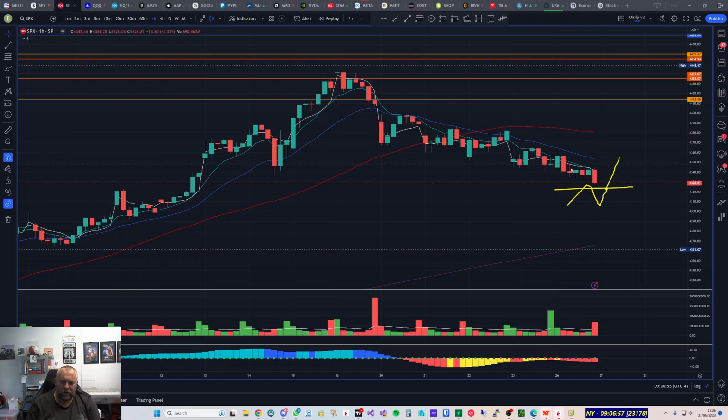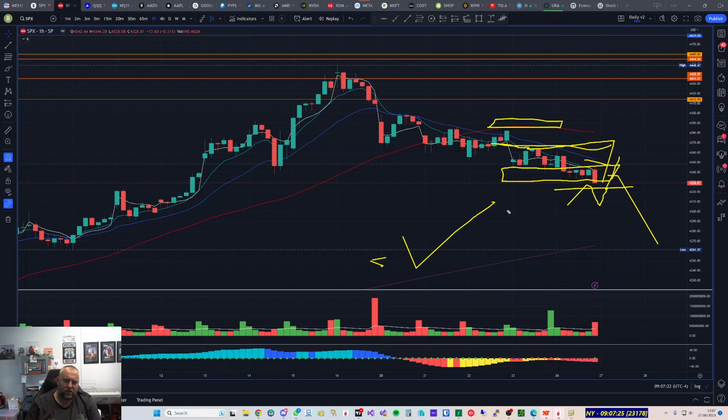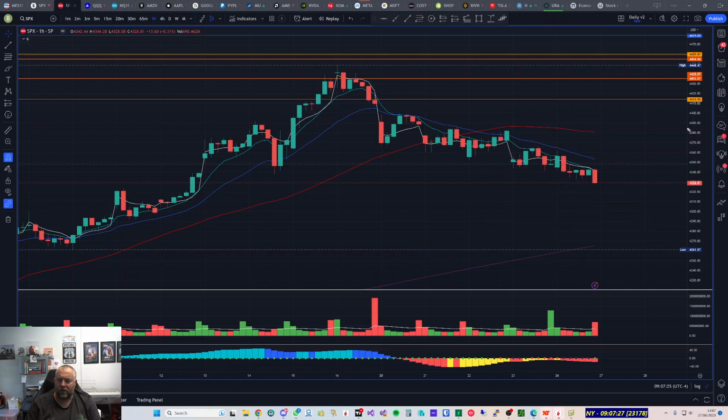I don't want to go long into this area of resistance because it's just going to stop me out. So if the SPX can get above this area of resistance and ES is above that area of resistance and SPY is above an area of resistance, then a long will look good. But if any of them is below resistance, or the other way around, if we're looking for a bounce at the bottom and we've got an area of support on one but not the others, and it looks more like resistance, then just be very careful of that trade.